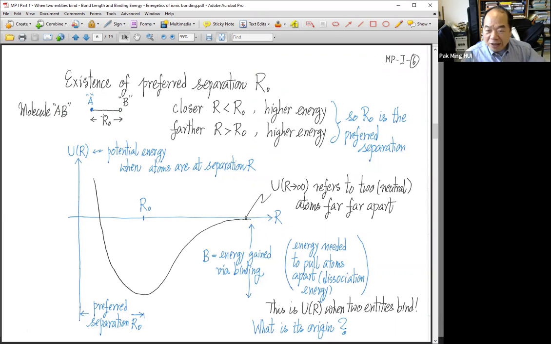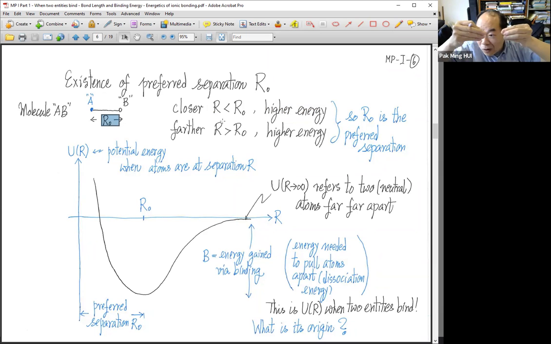What does it mean in physics? So this page is like, think like a physicist. It means the following, right? If the distance is closer than R0, the molecule doesn't feel very comfortable. It doesn't like it. In physics, it means the energy must be higher than at R0.